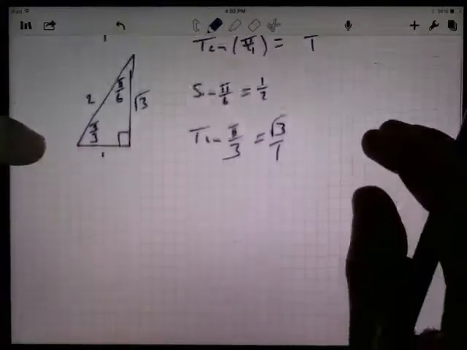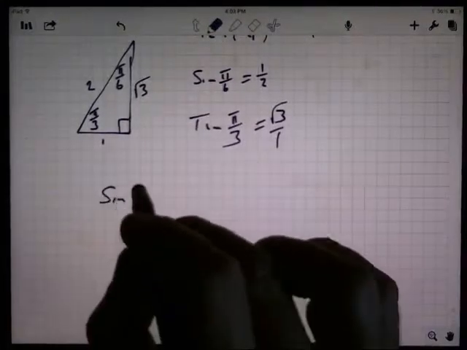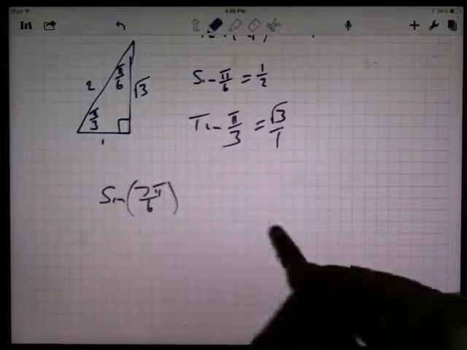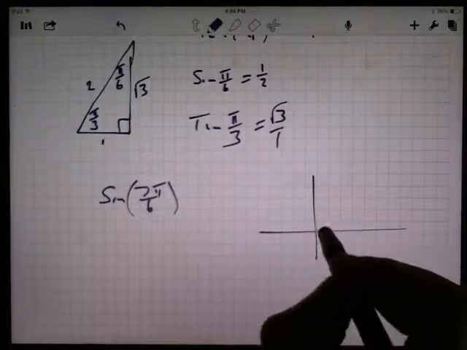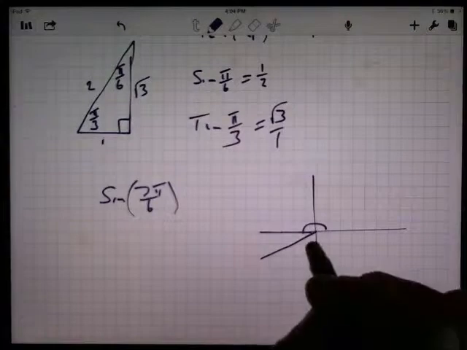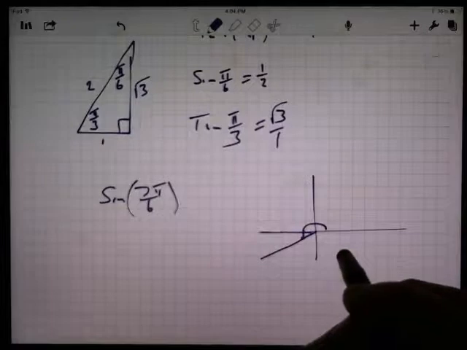Likewise, we can talk about some big angles like what's the sine of 7 pi over 6? The first thing I've got to do is figure out where that is. Well, 6 pi over 6 would get me here. So 7 pi over 6 must be a pi over 6 beyond 6 pi over 6. 6 pi over 6 is the same as pi.